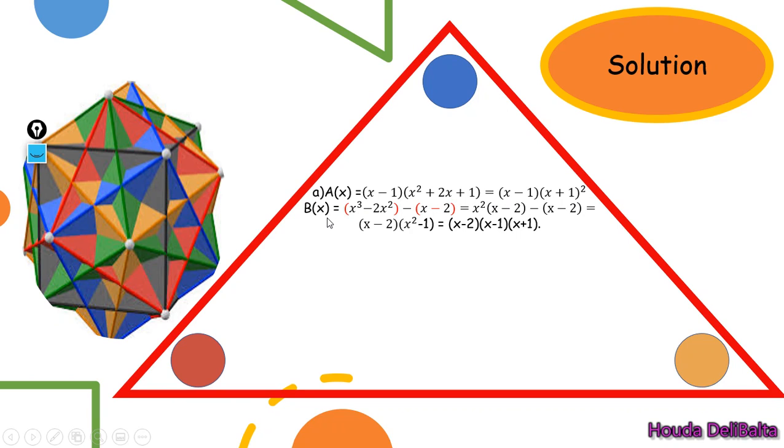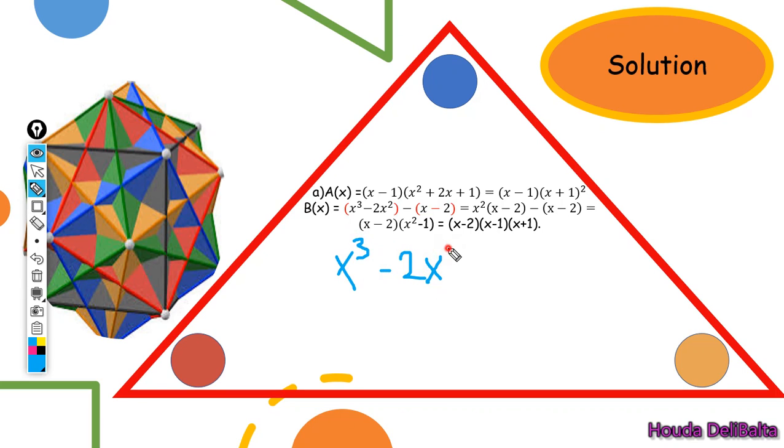Now, what about b of x? B of x is grouped, as you see here. It was x cubed minus 2x squared minus x and plus 2.